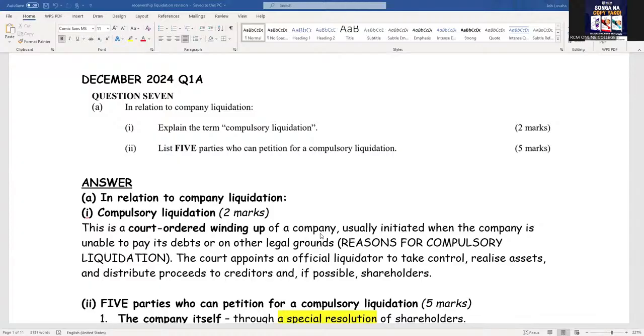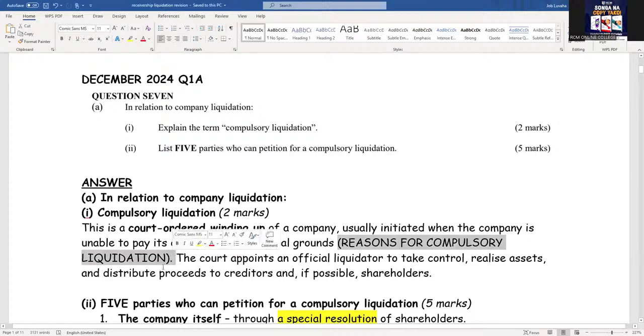So we have what we call reasons for compulsory liquidation. The court will appoint an official liquidator or a provisional liquidator to take control, realize the assets, and distribute the proceeds to creditors, and if possible, any remains to the shareholders.